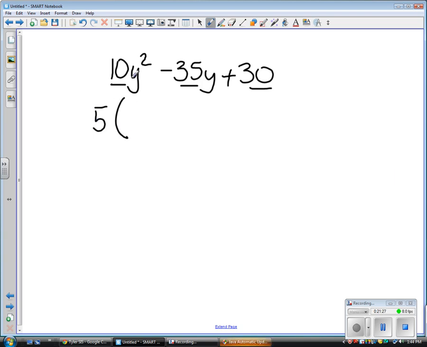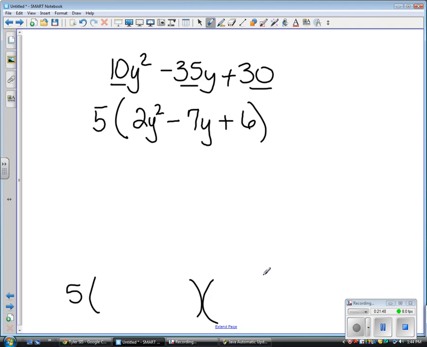And if I pull out a 5, what does this become? Minus 7. All right. Now I can go to the box method, and my 5 is just going to be part of my answer down here. But then I can factor this like I did using the box method.